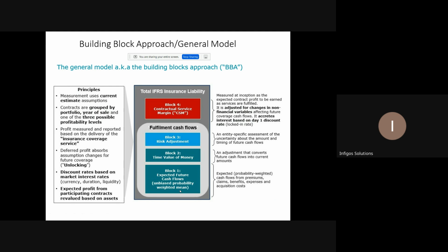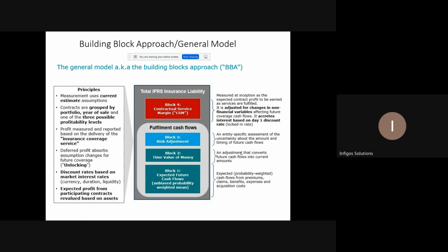Block 1 is to do with the cash flow, which means calculation of liability, expected cash flow. So you have cash flow related with premium, you have cash flow related with claims, you have cash flow related with expense, you have acquisition cost. So all those costs are there as a part of the future cash flow.